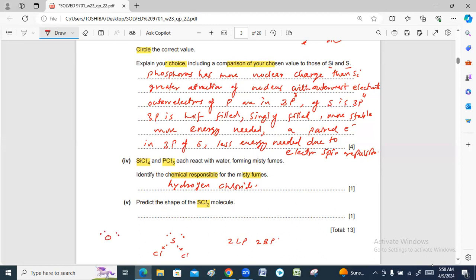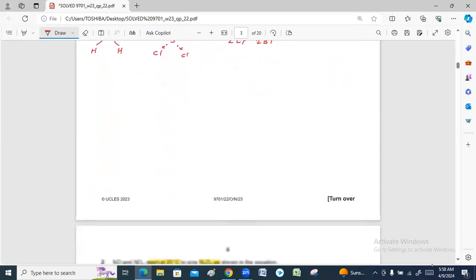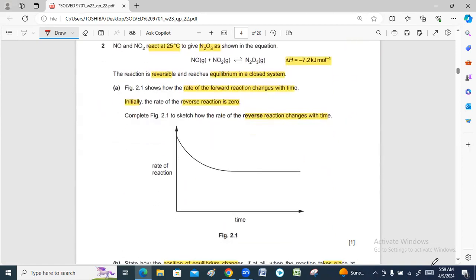Water also has 2 lone pairs and 2 bond pairs, so the shape of water is non-linear, and as the structure of SCl2 is similar to water, it contains 2 lone pairs and 2 bond pairs, so the shape is non-linear. Let's move to the second question.